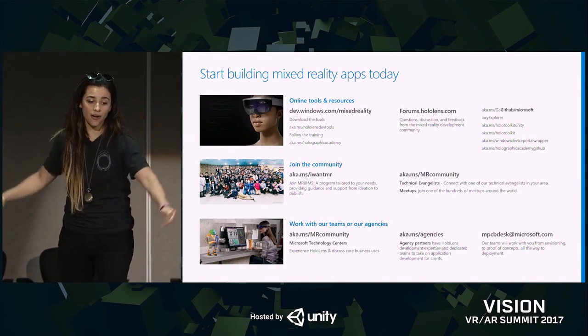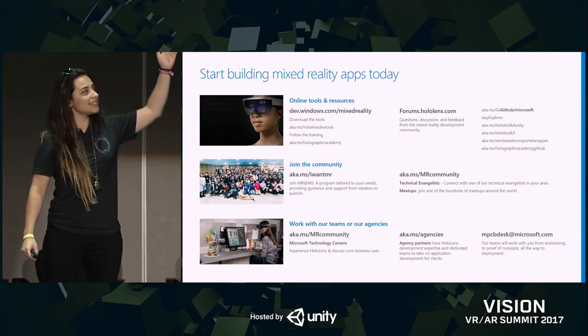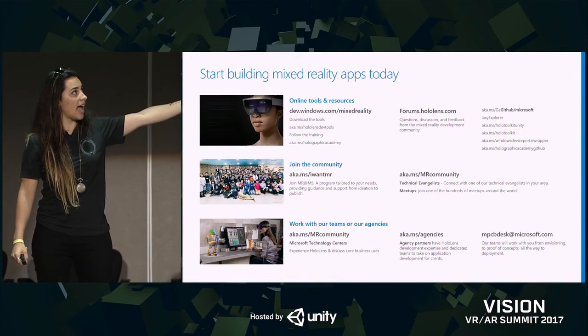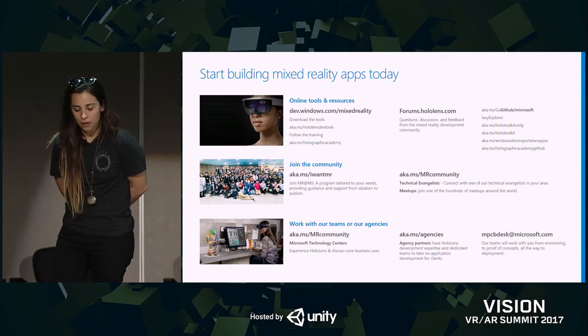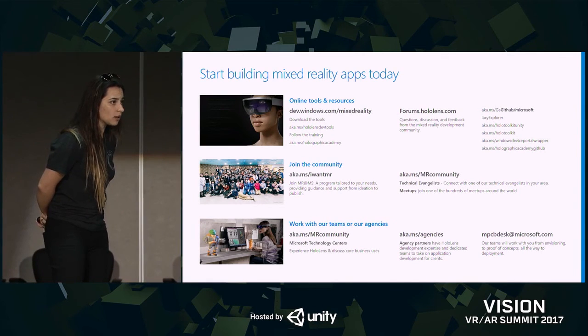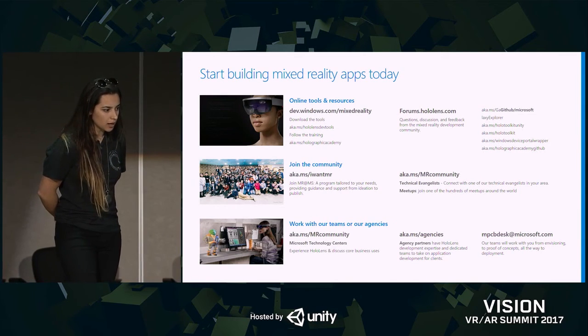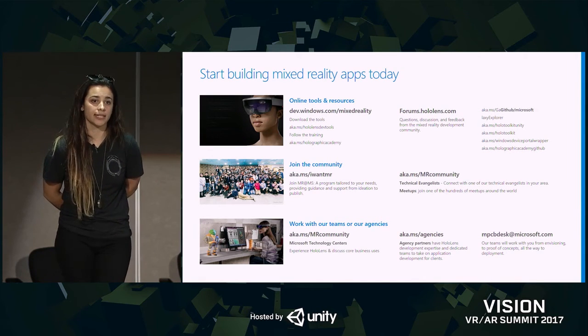Awesome. And so the call to action: start building today. These are a list of resources. On top of this, we are taking a great approach of being more open with our developers and doing open source. If you go onto GitHub, we have a repo there, which is the Holo Toolkit.